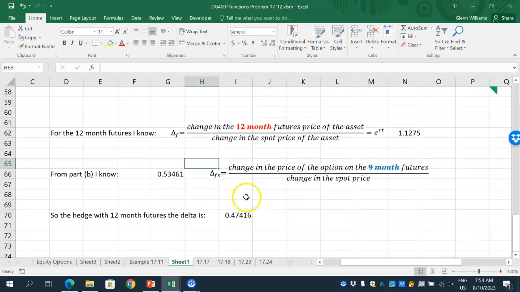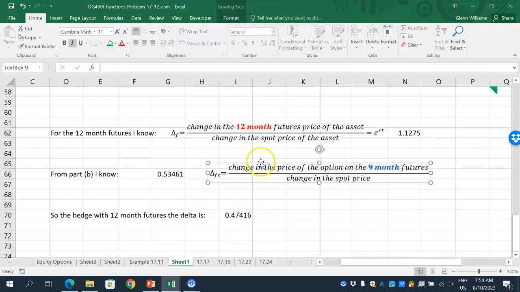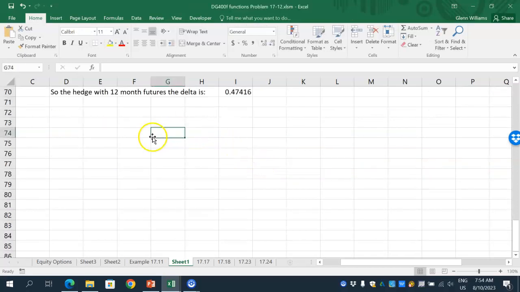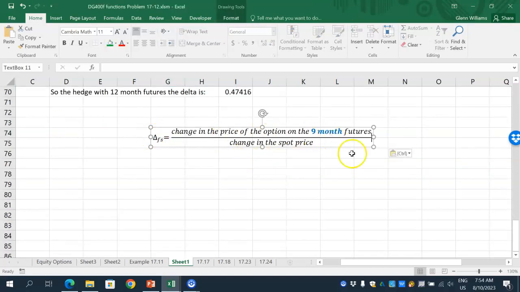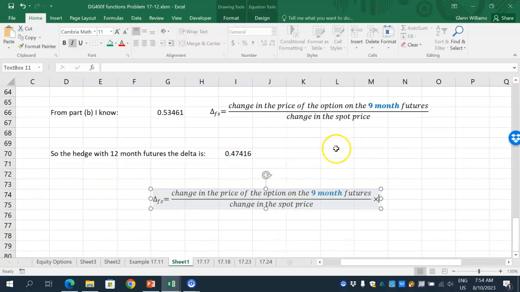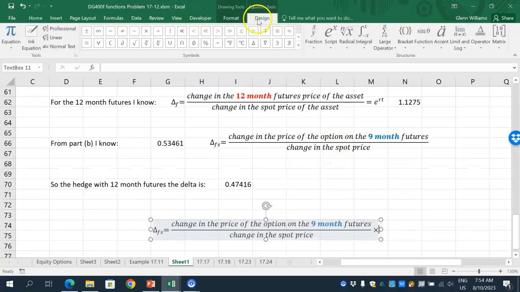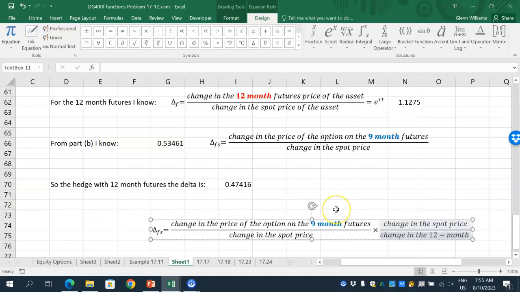Right, and in fact, I guess I can just take this formula here, and multiply it times the reciprocal of that other formula up there, which is my delta on a 12-month futures contract, and so this is the change in the spot price relative to the change in the 12-month futures price.